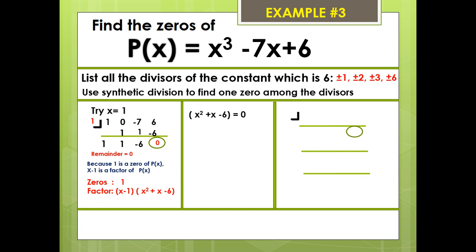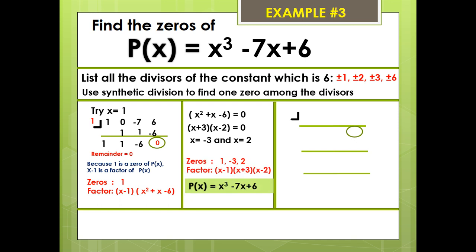Ano ang factor ng x squared plus x minus 6? Yes, the product of x plus 3 and x minus 2 is equal to 0. Then equate to 0 yung x plus 3 tsaka x minus 2. Therefore, x is equal to negative 3 and x is equal to positive 2. So, kumpleto na yung zeros natin. We have 1, negative 3, and positive 2. Factors natin, x minus 1, x plus 3, and x minus 2.